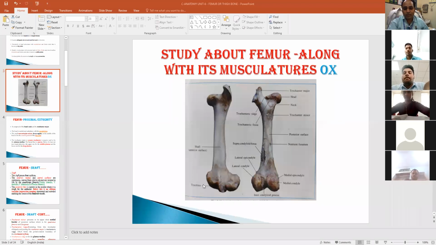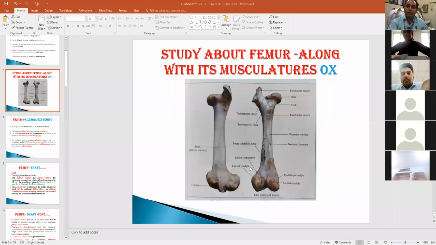First is the trochlea, located anteriorly. Below that, the condyle contains two parts: on the lateral side the lateral condyle, and the other is the medial condyle. Third, between the two condyles, there is a groove known as the intercondylar groove. So three structures: trochlea, condyle, intercondylar groove.